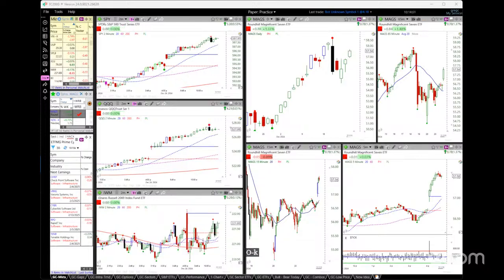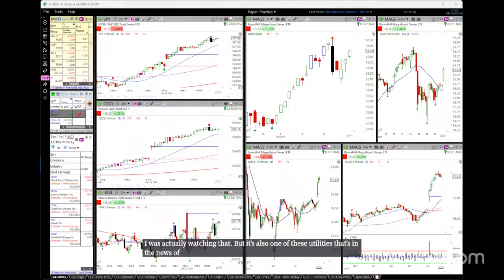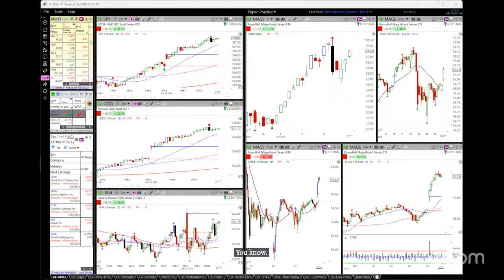OKLO. Aqua, I was actually watching that. It's a utility, but it's also one of these utilities that's in the news for nuclear power.